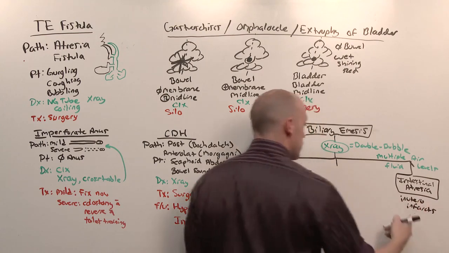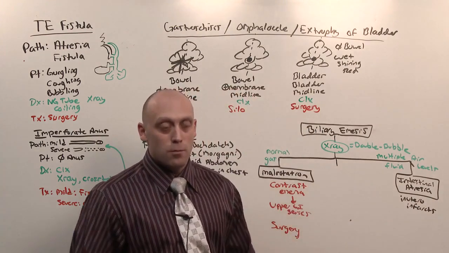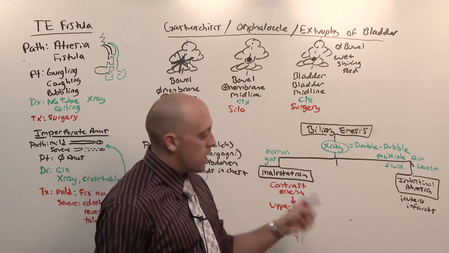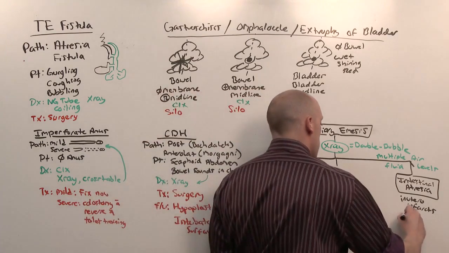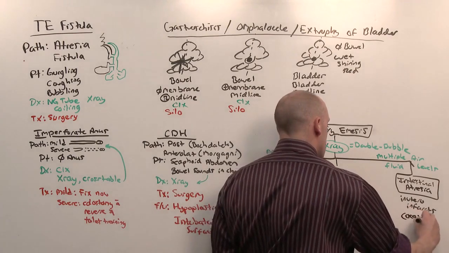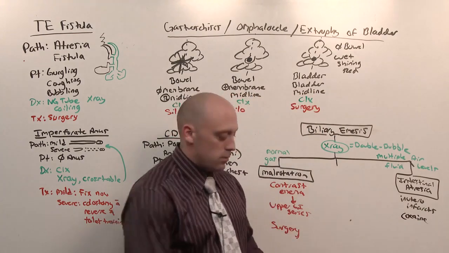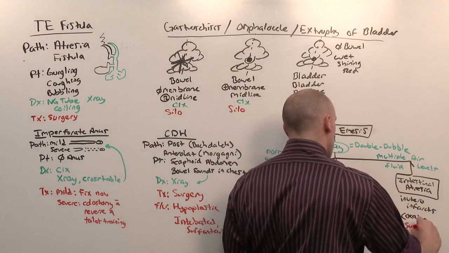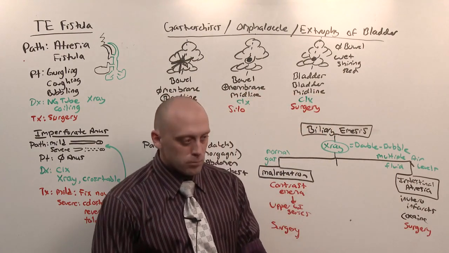The infarcted segments now do not recannulate, and therefore multiple areas along the way are obstructed. The way this happens is mom uses cocaine. It can happen other ways, of course, but this is what you really want to investigate to make sure that she doesn't do it with the next kid. The only answer for this child right now is to remove the intestines that have been atretic. If you remove too much, you end up with short gut syndrome.